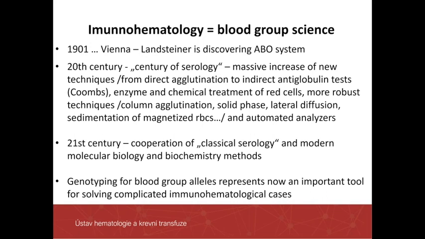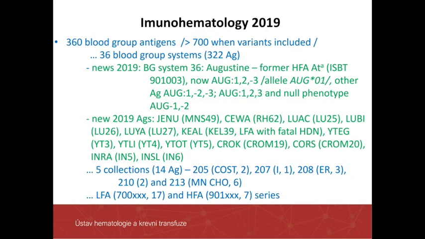At the end of the 20th century and beginning of the 21st century, the cooperation of classical serology with molecular biology techniques began, and now genotyping for blood group alleles represents an important tool for solving complicated immunohematological cases.